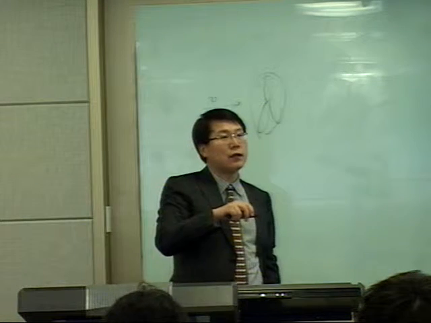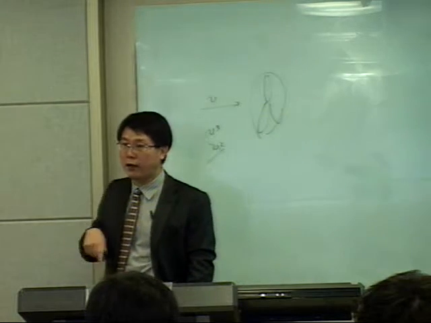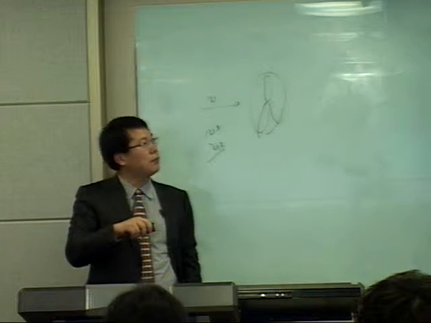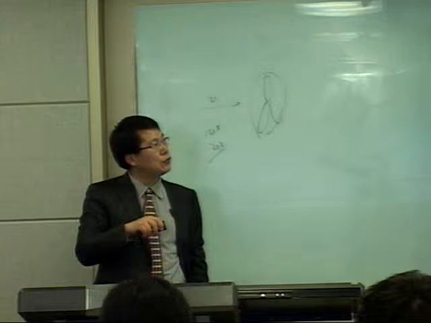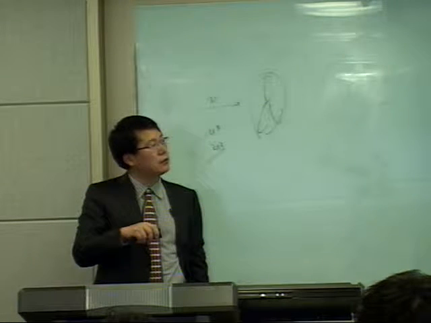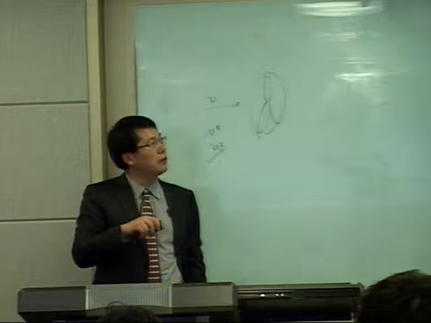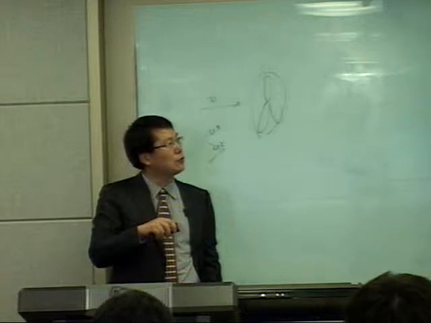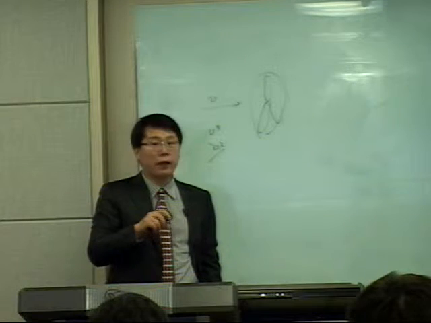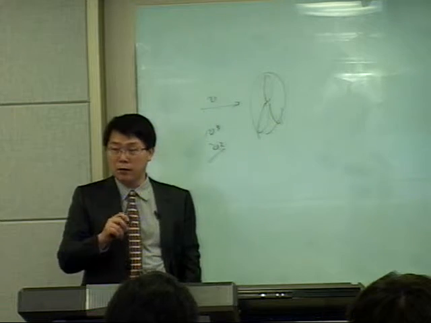So consider the flux into this area, into this side. The flux into the rectangle is the sum of the flux to this side plus the flux to this side, right? So if we estimate the flux to this side, we take the x component of the velocity.